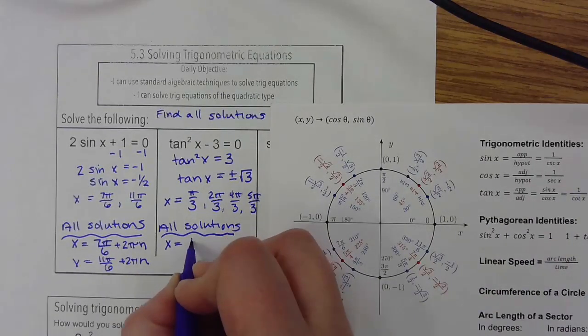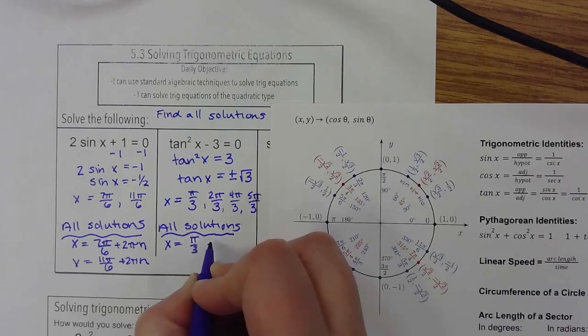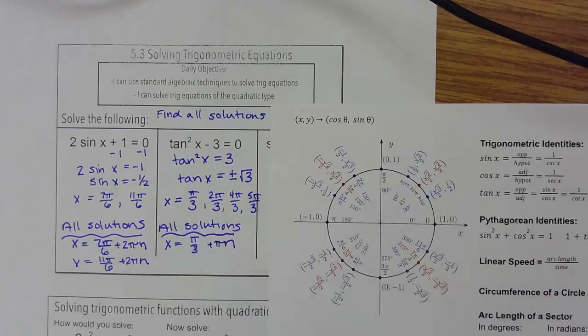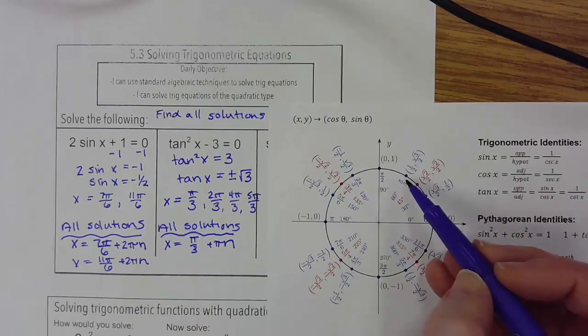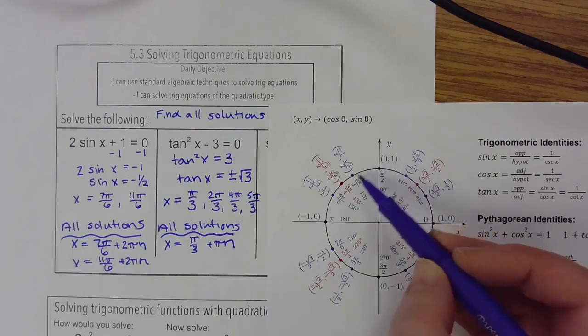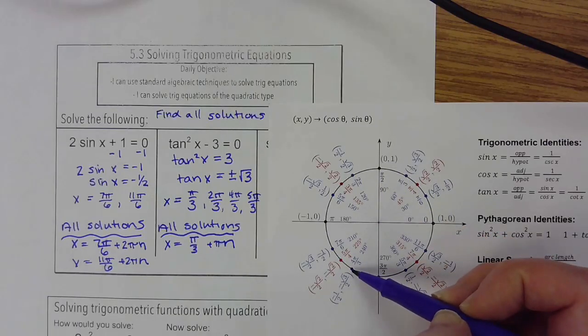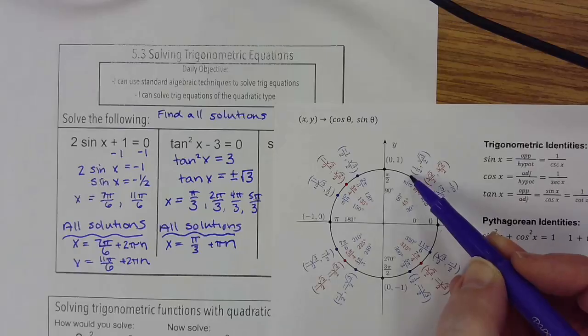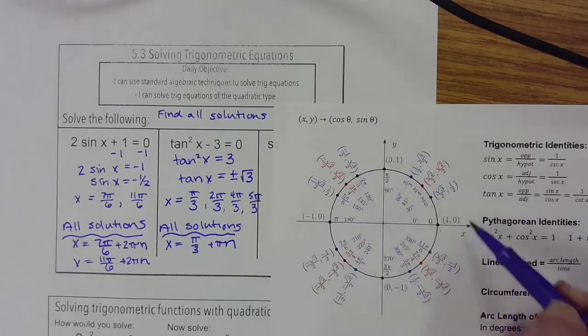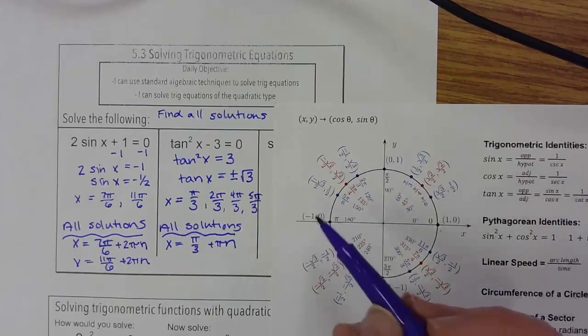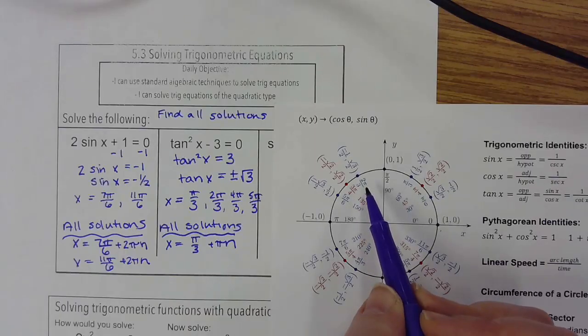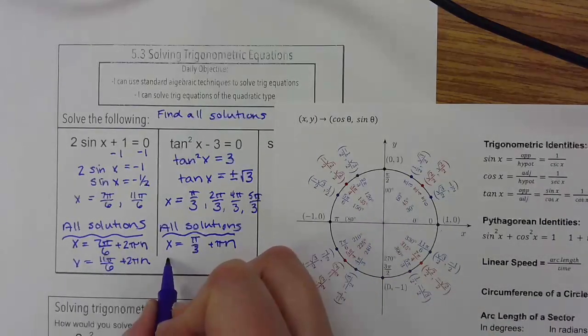So I could represent that by saying pi over 3 plus just pi n. That would take care of this pi over 3. It would also take care of the 4 pi over 3. It would then go back to the pi over 3 location and just keep going around and around and around. And then I could do the same thing at 2 pi over 3.